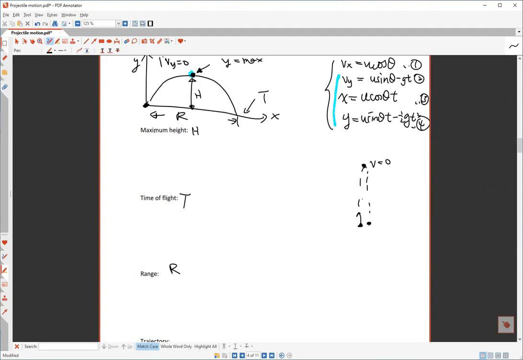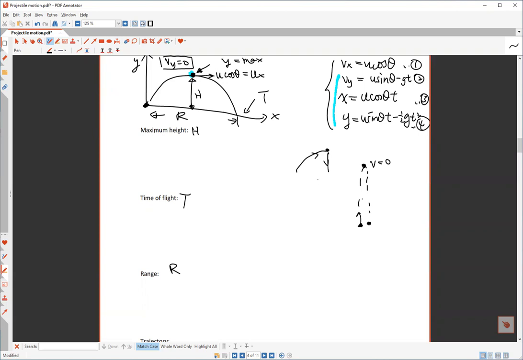Remember this condition. And then there's still a velocity. The velocity is horizontal. If you say at the highest point there's no velocity, then what will happen afterwards? It will just fall vertically downwards. That means the path will look like, okay, highest point, no horizontal velocity at this point, so it will fall vertically downwards.